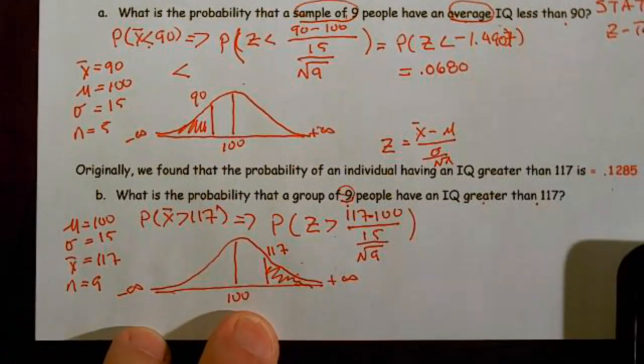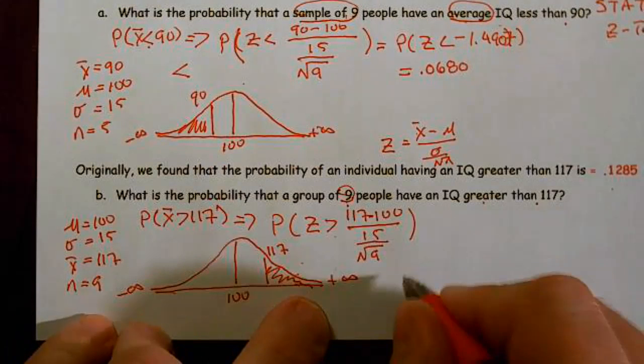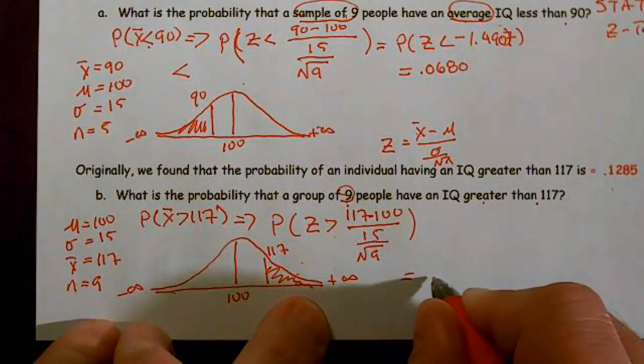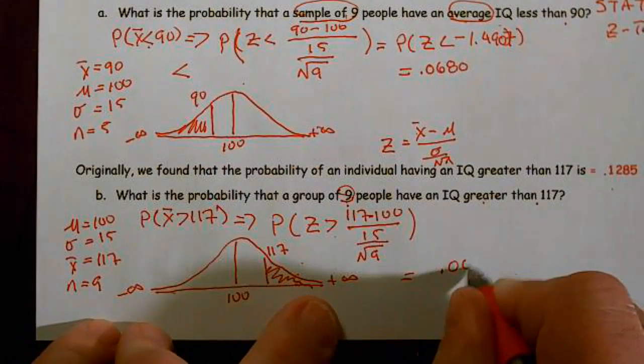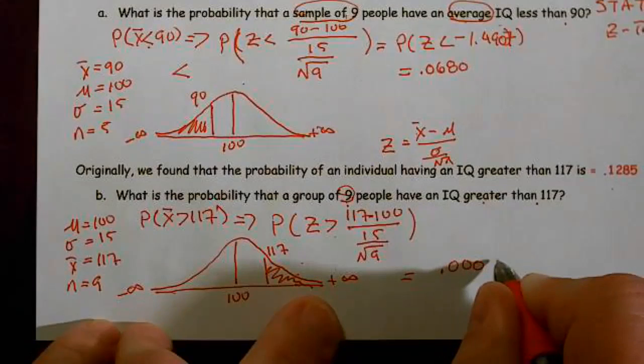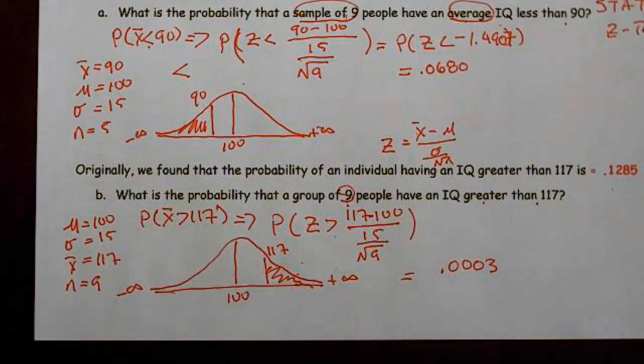And I end up getting a pretty small answer. I end up getting an answer that says 0.0003. And I need to check my work real quickly.